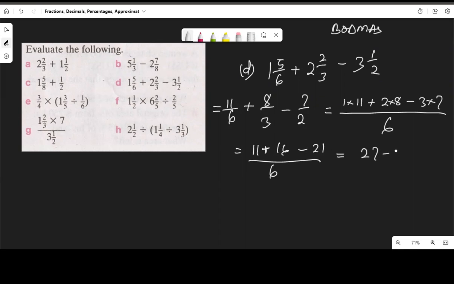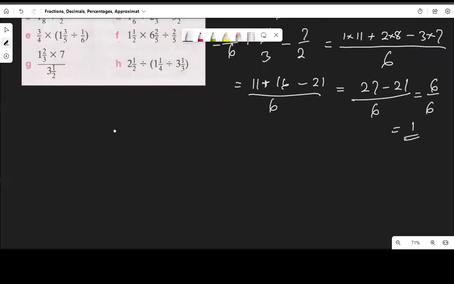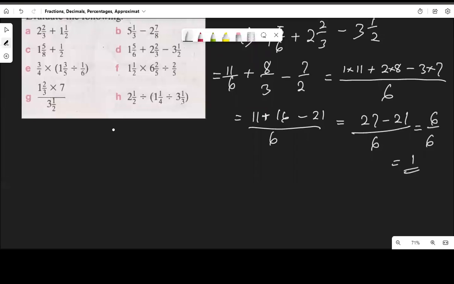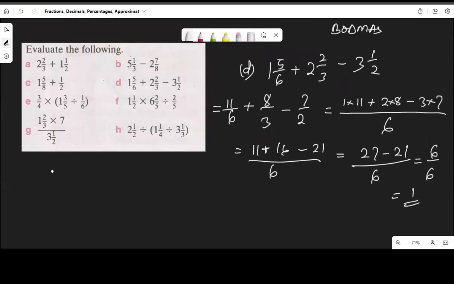Then minus 21 over 6. 27 minus 21 is 6. 6 over 6, which is 1. So our answer is 1 here. That is question D. Now question F, no, E first, not F.